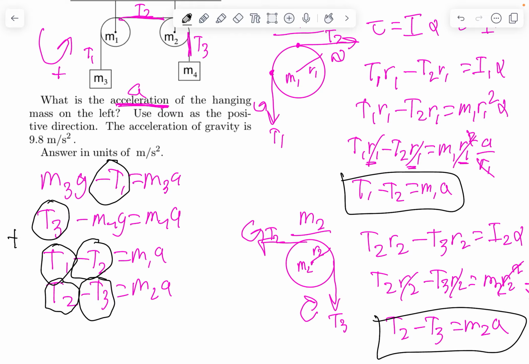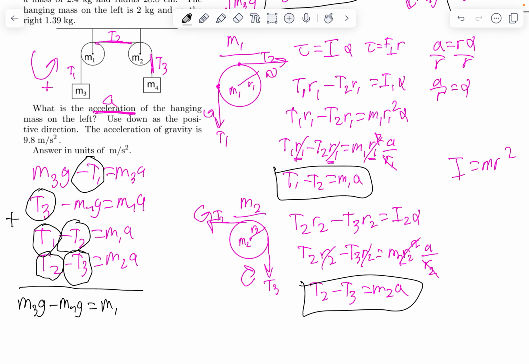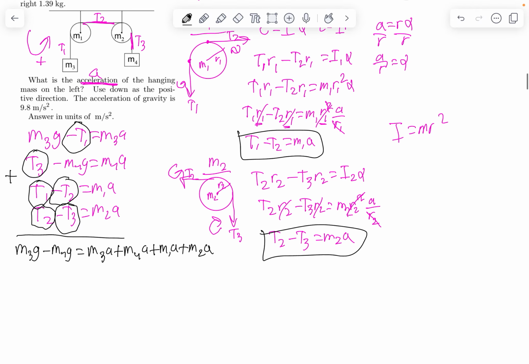So that means if I add all my equations, all the tensions will be gone, and I'll just have everything that I know except for A. So then when I add, it's M3G minus M4G is equal to M3A plus M4A plus M1A plus M2A. So then I'll factor out an A on the right side, because there's an A in every single term.